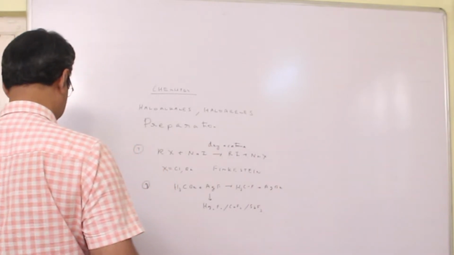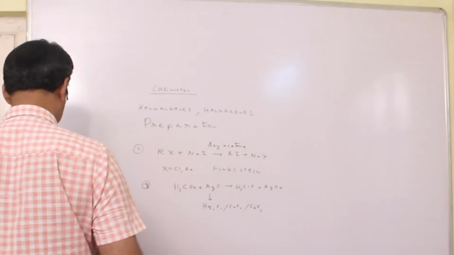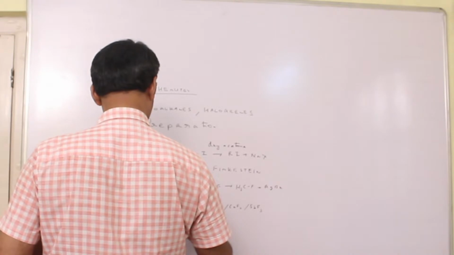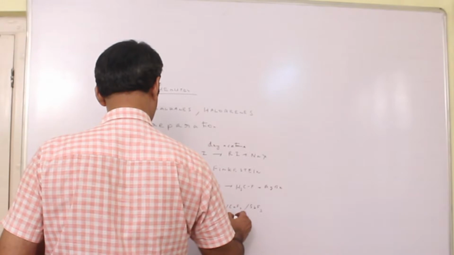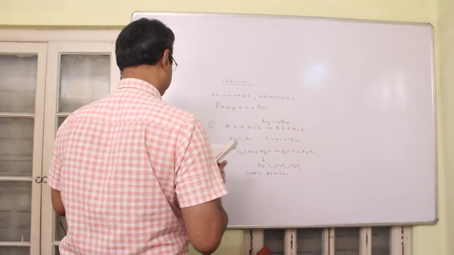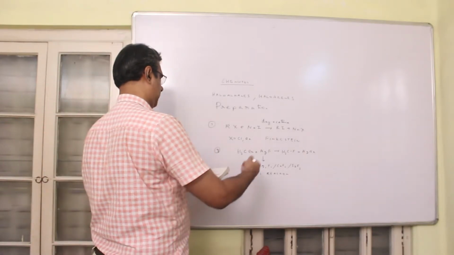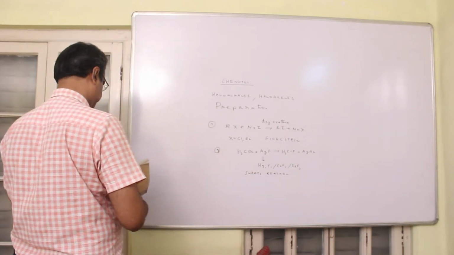This reaction is known as Swarts reaction. So this is to prepare fluoroalkanes, and it is another example of halogen exchange.